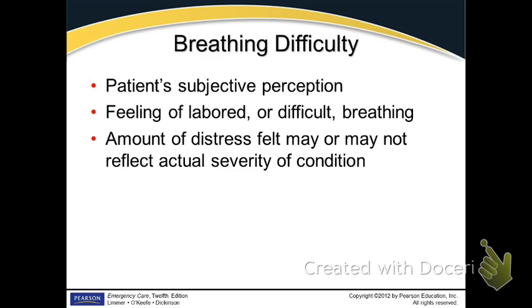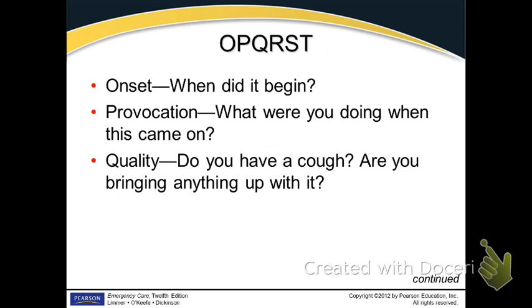They can't get air out, and they feel like they can't get a deep breath. So on the surface, they may not look like they're in a lot of respiratory distress. So you have to take the patient's viewpoint of it on the severity. Listen to your patient and listen to what they're saying to you.